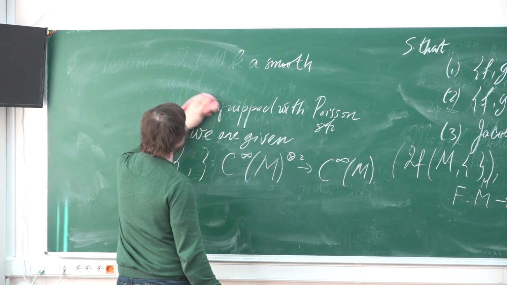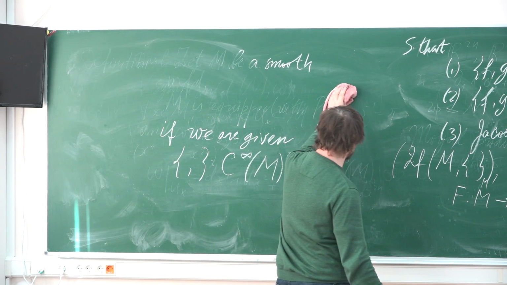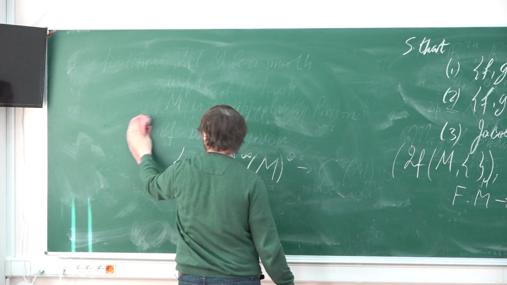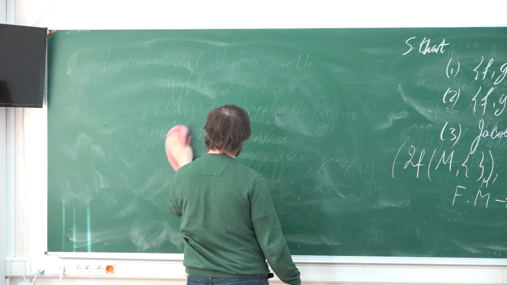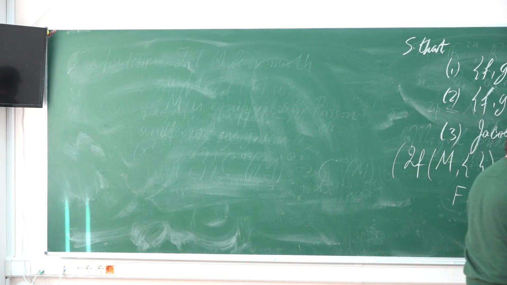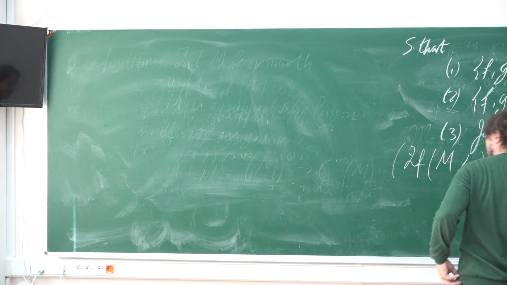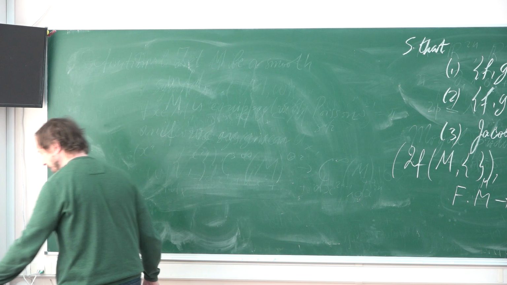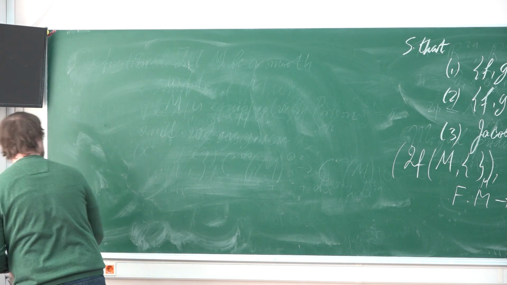I think nowadays there even exists a whole new branch of mathematics called Poisson geometry, the study of various aspects of Poisson structures on smooth manifolds, just like symplectic geometry is the study of various properties of symplectic structures on manifolds.